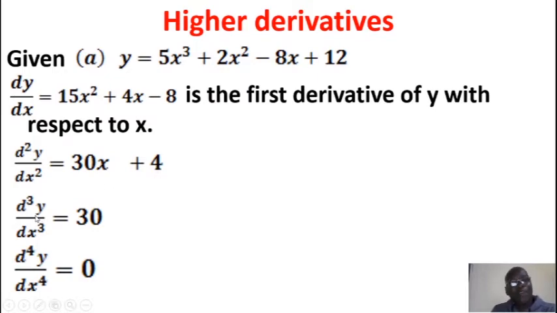Now that the third derivative is already 30, there's no x here, so if we try to differentiate it again, we get 0, which is in line with the agreement that the derivative of a constant is 0. So once this is differentiated 4 times, the last result will be 0, for a polynomial like this.